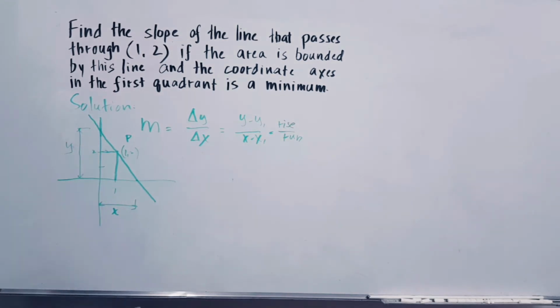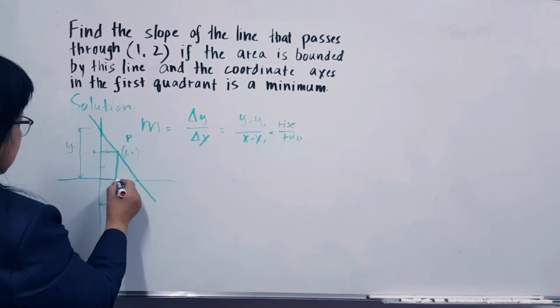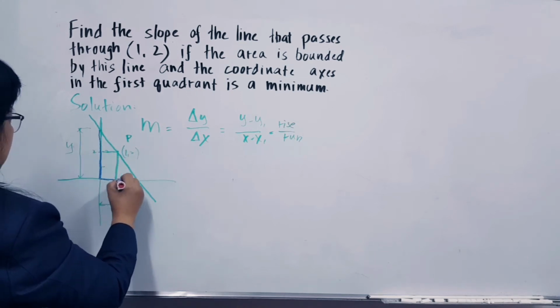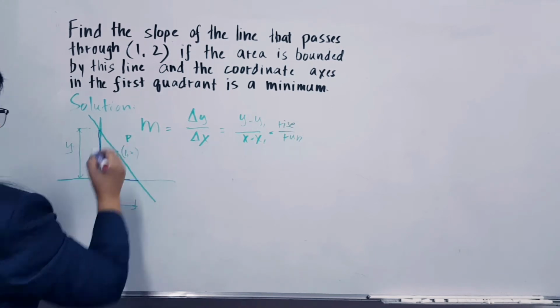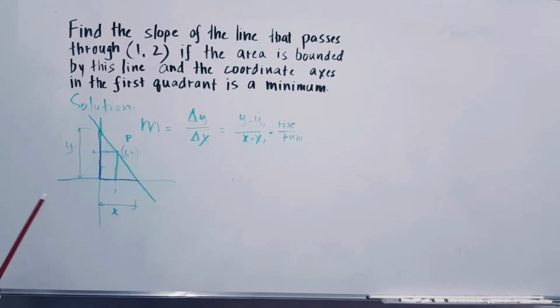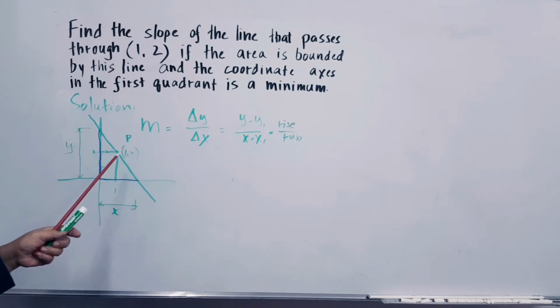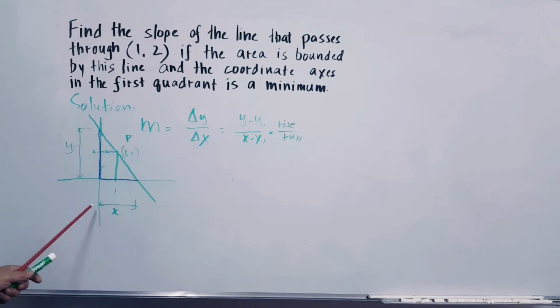So we have the x here and we have the y here. Now, to solve for the slope of the line, we have to find first the values of x and y. Now, how to do it?